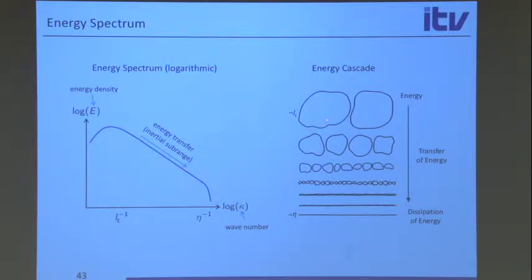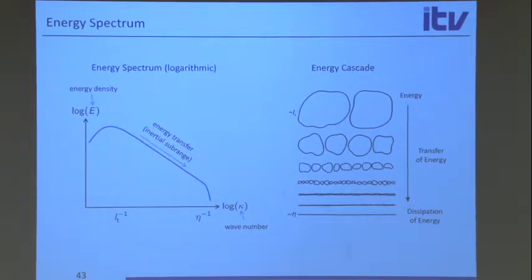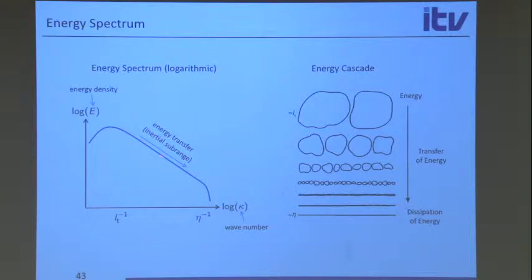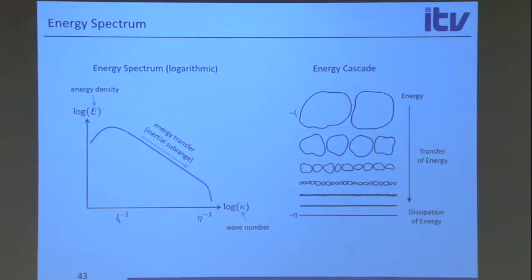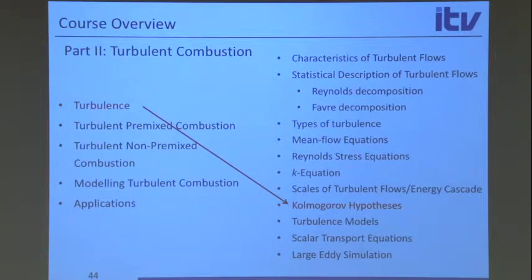So large scales must somehow break up into smaller scales, up to the point where they are dissipated, where they just go away by viscosity. That's what this shows, and this is what we call the energy transfer in wave number space. And this region where this happens, we call the inertial subrange. We will see in a minute why.